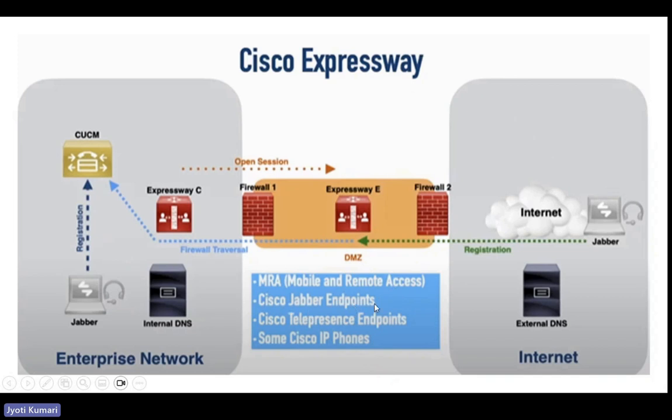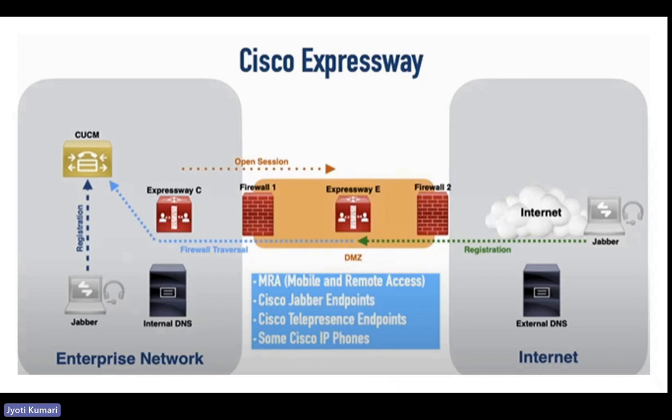It supports Jabber clients, TelePresence endpoints, and some Cisco IP phones. So basically, Cisco Expressway is a powerful gateway solution specifically designed for comprehensive collaboration services provided through CUCM, Business Editions, not used anymore that commonly, or Cisco Hosted Collaboration Solutions.